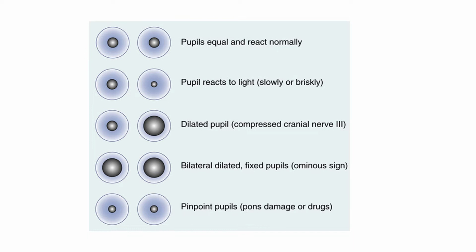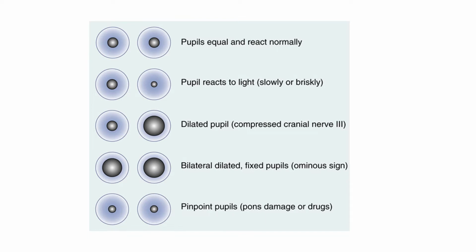So that's a normal pupillary response. Some pupils react slowly. So the pupil on the right is showing that you have a brisk pupillary response. The pupil on the left is showing more of a sluggish response, okay?